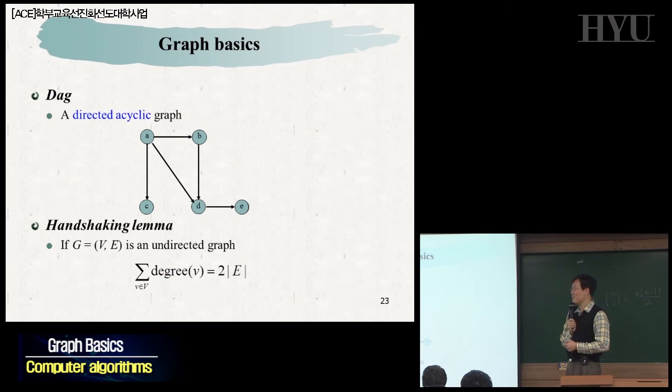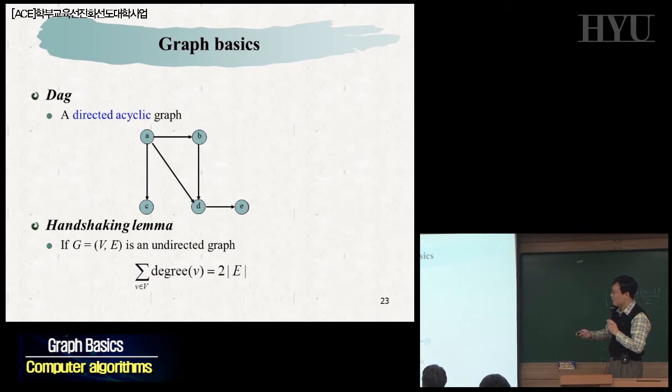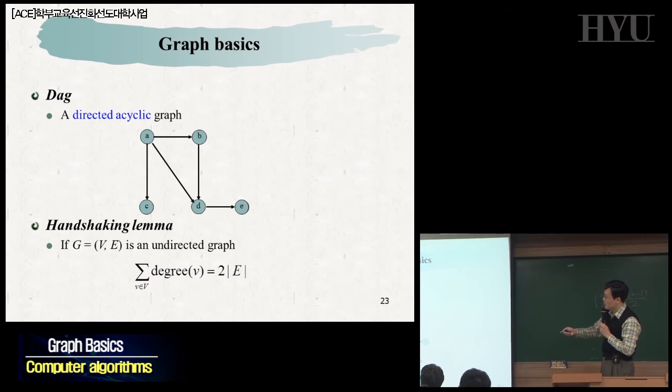No, this is not a cycle. Look at this carefully. So there is no cycle in this directed graph, so this example is a DAG. Don't be confused. Because of the directions, we cannot make a cycle.